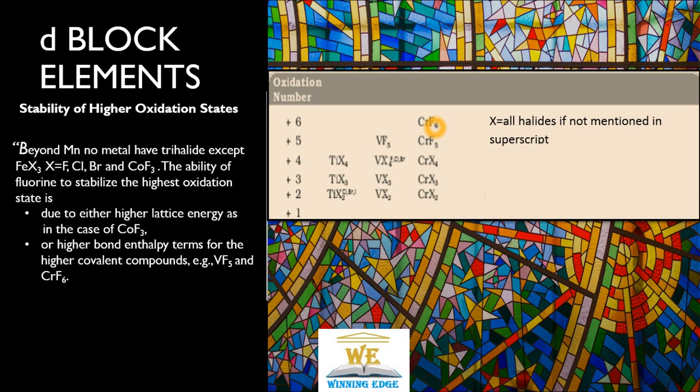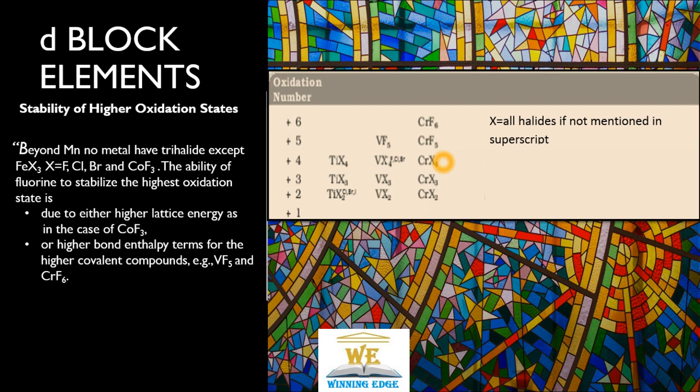Same thing goes for CrF5, because as oxidation state increases, its size will reduce further. As size reduces, it will be difficult for the small size cation to accommodate large size anions around it.